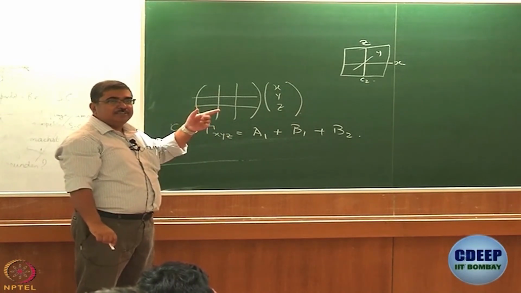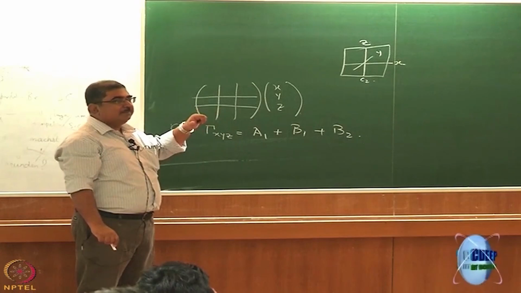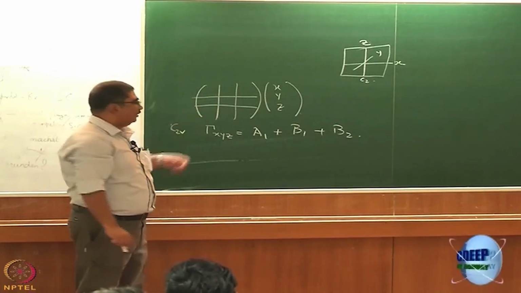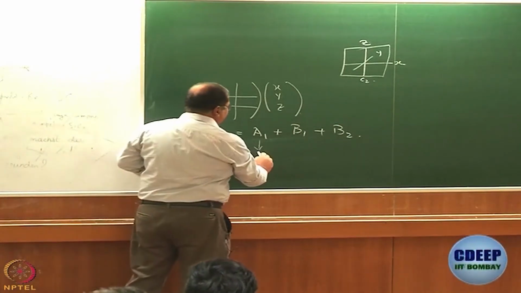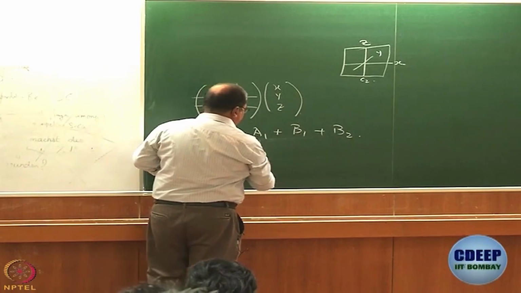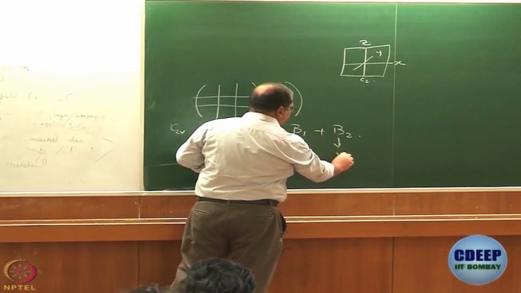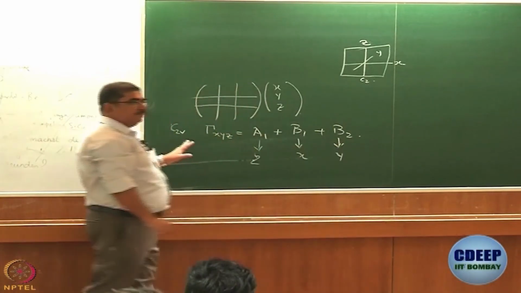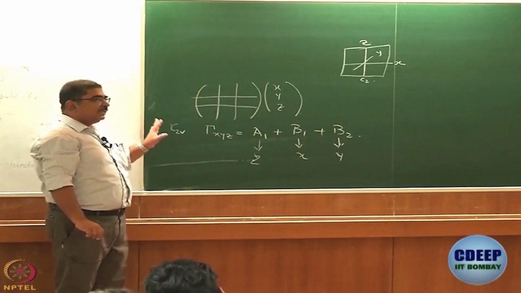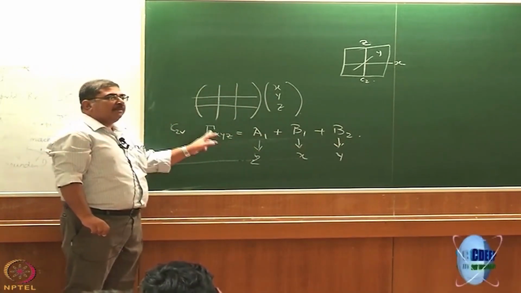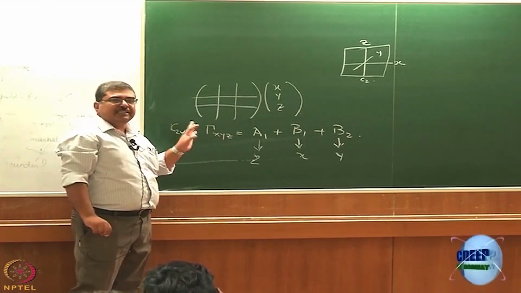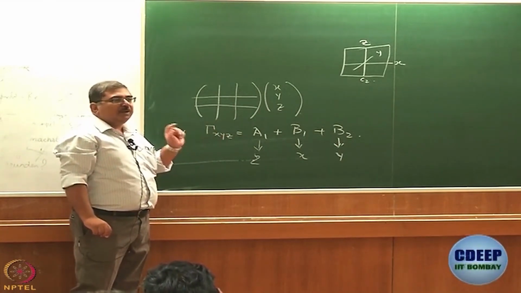X is on the plane, so character should be 1, y is perpendicular to the plane, character should be minus 1. So, A1 is for z, B1 is for x, B2 is for y. Okay. So, gamma xyz can be written as a sum of irreducible representations where A and B belong.